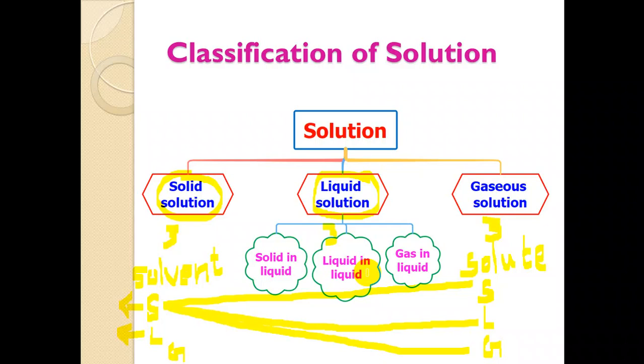In this, nitrogen will act as a solvent and the rest will act as solutes, right? The fog and smog can also be used as examples for gaseous solution. The foam which we are using also can be an example for a type of solution.